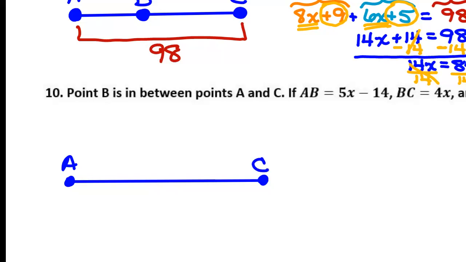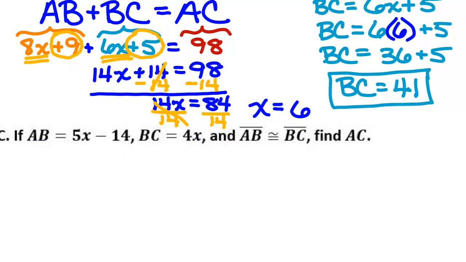Did they give us a congruence statement? Yes. What was that congruence statement? Yep. AB and BC are congruent. Do they share a letter between those two names? B. Well, if B is part of AB and B is part of BC, it's in between here where exactly?